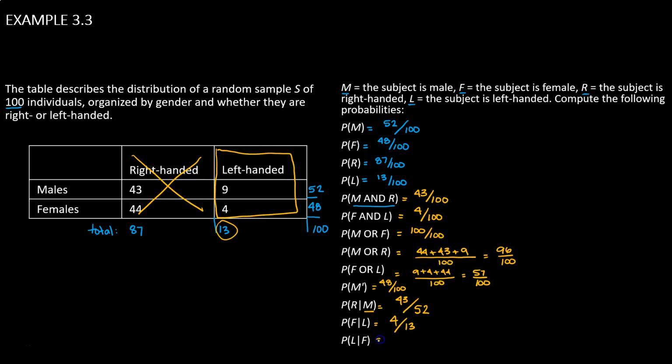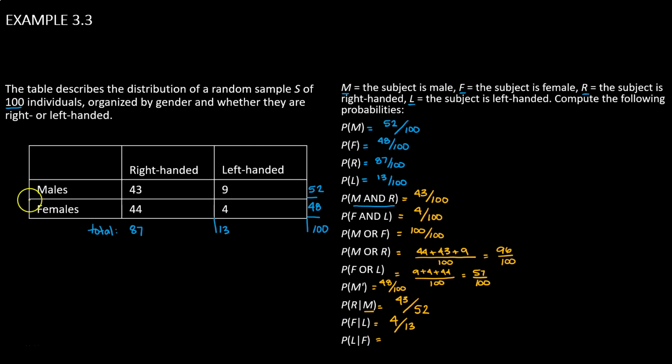And just to drive the idea home that conditional probability is not commutative, what if we reversed the order of those two events? What's the probability that we randomly select someone who's left-handed, knowing that they're definitely identifying as female?